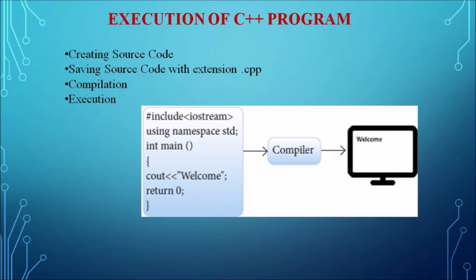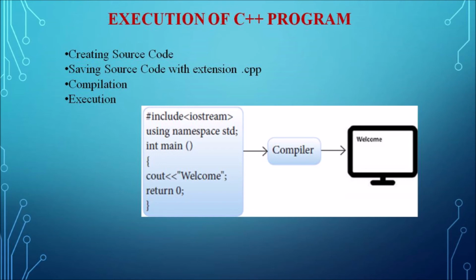And if any mistake is found, it will give an error message on that particular line. For example, on line number 10 this error was found, missing punctuators. So it gives the error message.